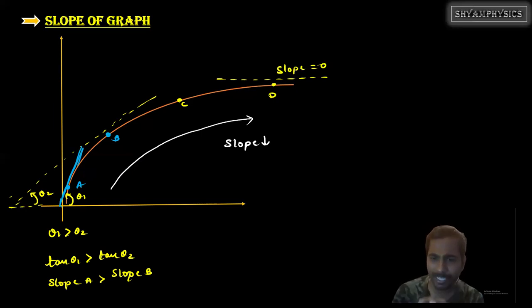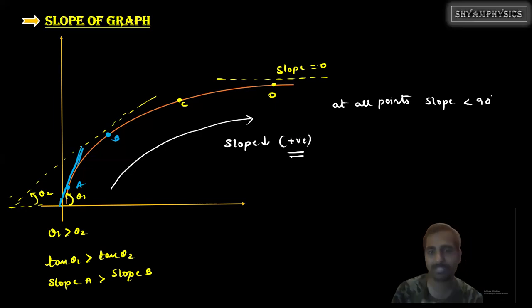Whether the slope is negative or positive: from A to D, wherever you draw the line, the angle will be less than 90° only. We can write here that at all points, the angle is less than 90°. If it is less than 90°, the slope from A to D at all points is positive.